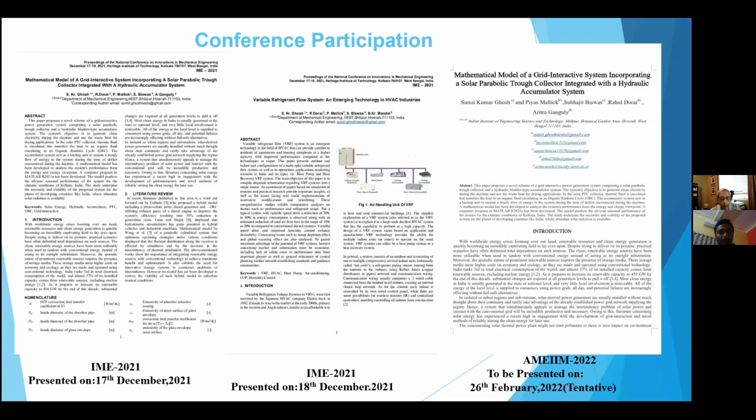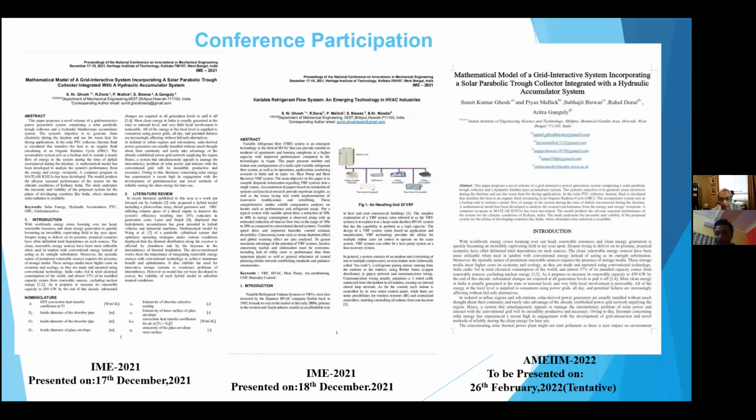So this is our conference paper. We participated in IAME 2021, presenting on 17 December 2021, a mathematical model of a grid interactive solar system incorporating a solar parabolic trough collector with a hydraulic accumulator system. We also participated in IAME 2021, presenting on 18 December 2021, on variable refrigerant flow as an emerging technology in HVAC systems.